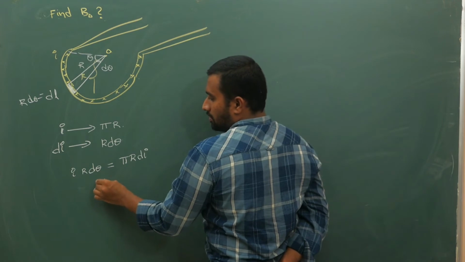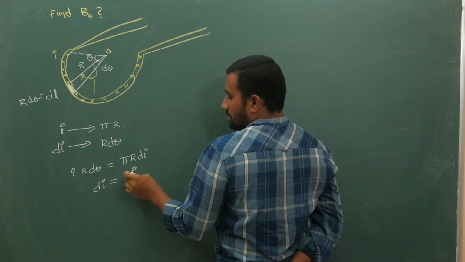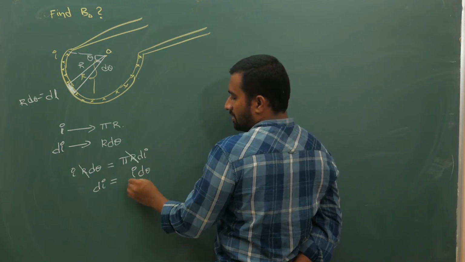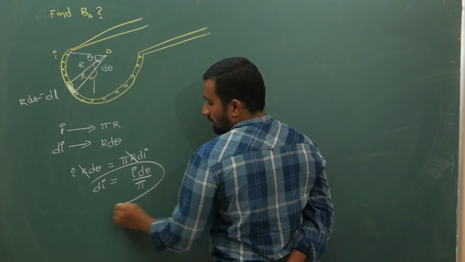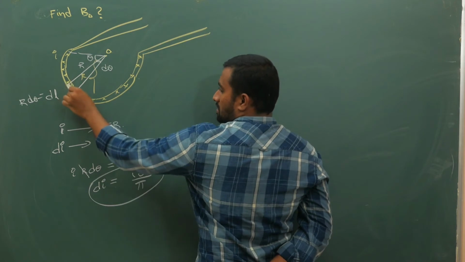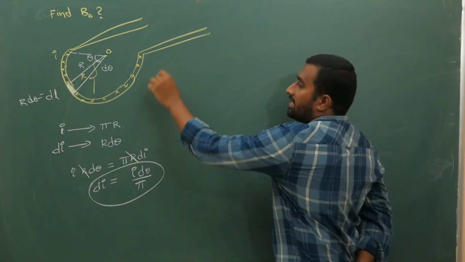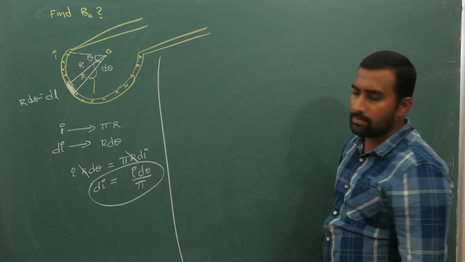So from here, r will cancel off, you will get di equals I d theta by pi. So in this small strip, the current that flows is I times d theta by pi.